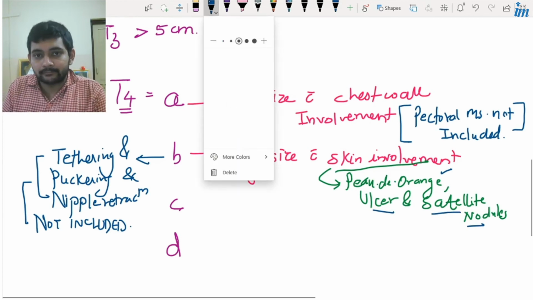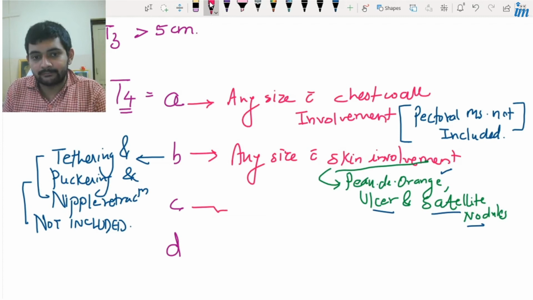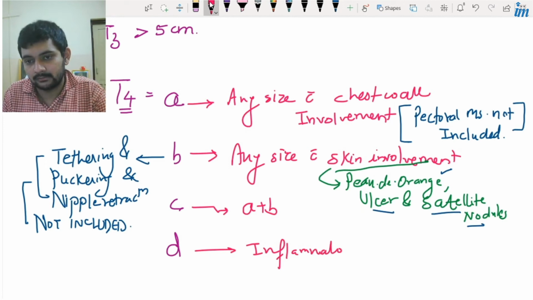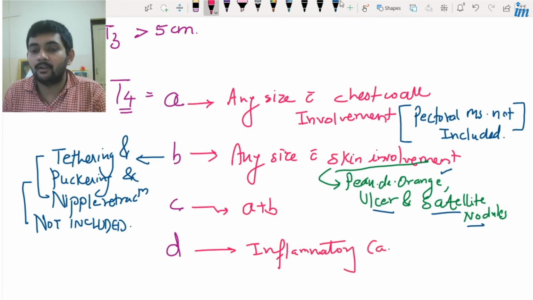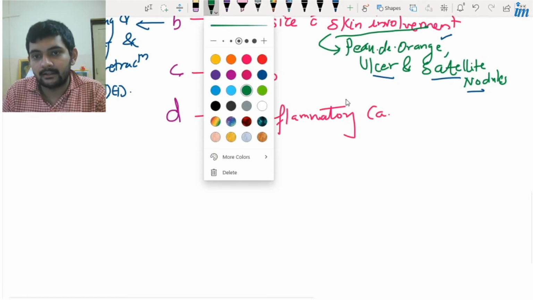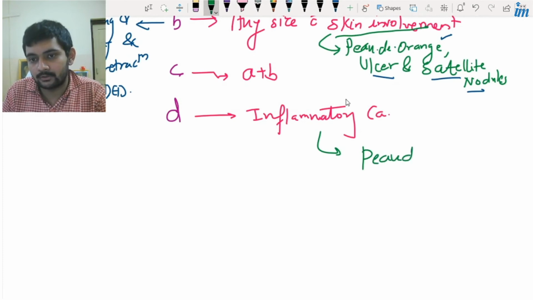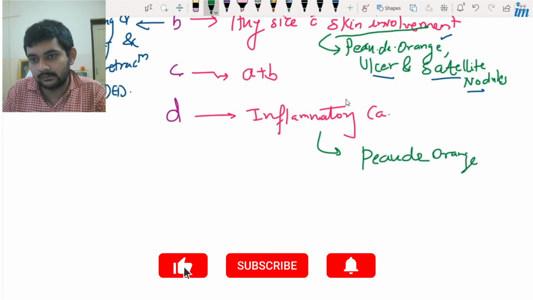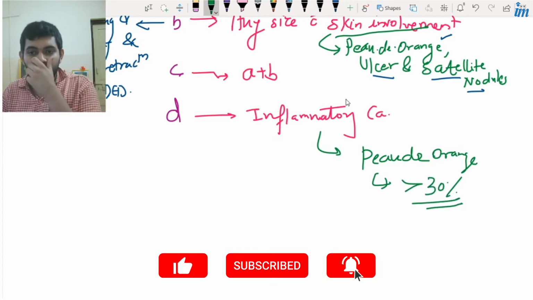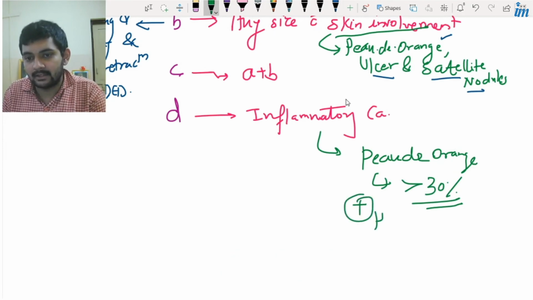Right? Next, when it comes to C, T4C is nothing but a combination of A and B, whereas T4D is inflammatory carcinoma. Inflammatory carcinoma clinically is identified as pseudo-orange, but it has to be more than 30% of the breast showing pseudo-orange appearance plus histopath evidence.